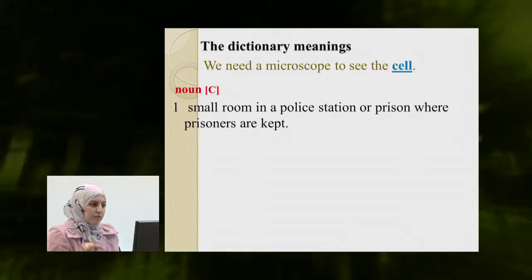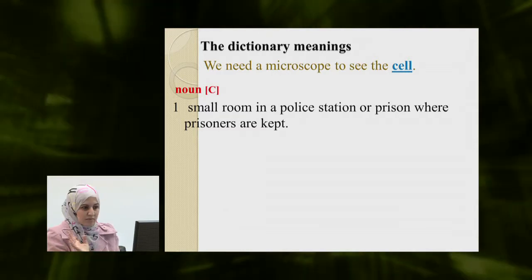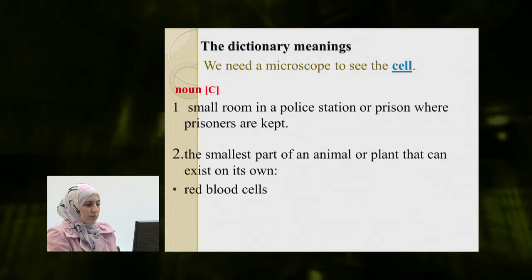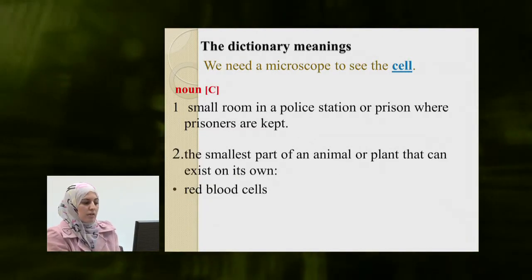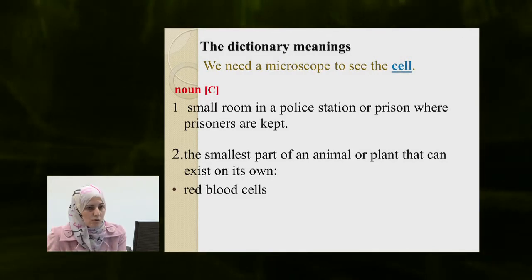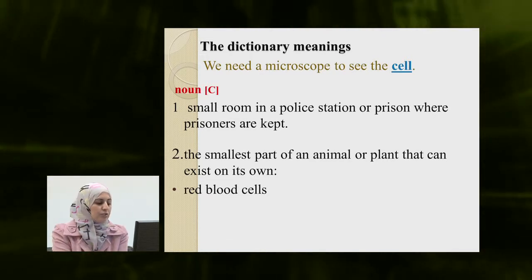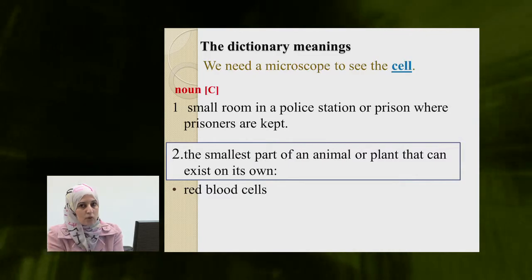So if we need a microscope to see the prison and police, no, it doesn't fit in. Move on. The smallest part of an animal or plant that can exist on its own. Example, red blood cells. This is the one that you really need. So it's the smallest part that you need a microscope to see.